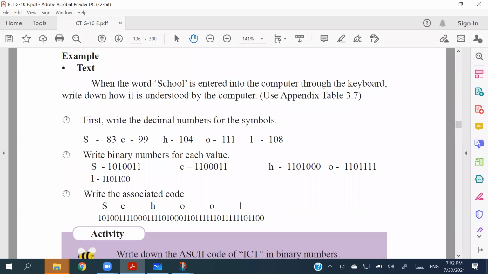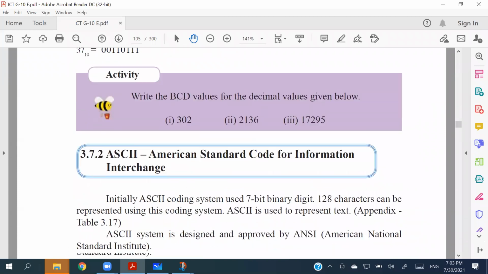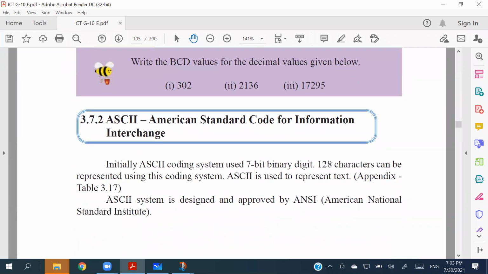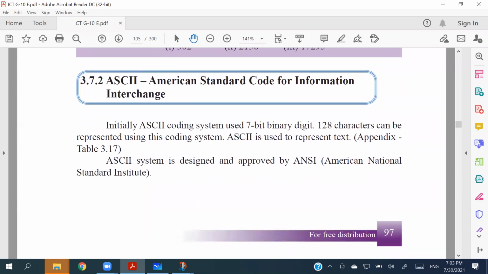We'll do some examples. With that, we will be able to recognize the ASCII code for a particular word, right? So first, let's write about the ASCII. Then we'll move to the calculation part. I'll show you how it happens, right?